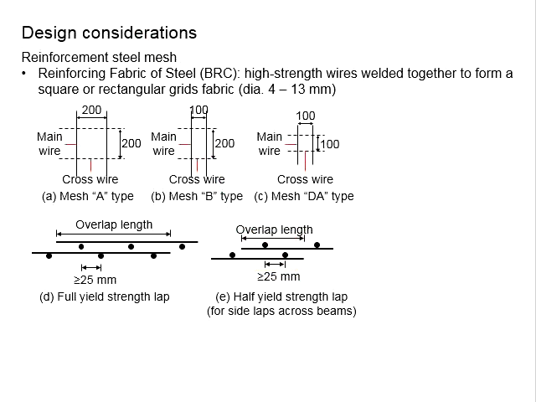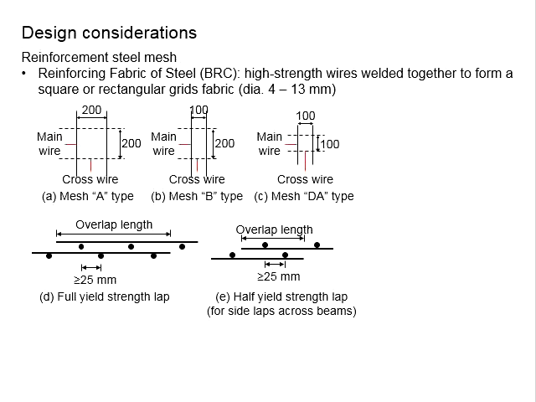crossing reinforcement. And this half yield strength normally happens when you want to lap the BRC across the beam, where you have two adjacent slabs beside the beams. You know that BRC for the slab are normally placed at the bottom of the slab, which is mainly meant to resist the tension stress generated near the soffit of the slab.